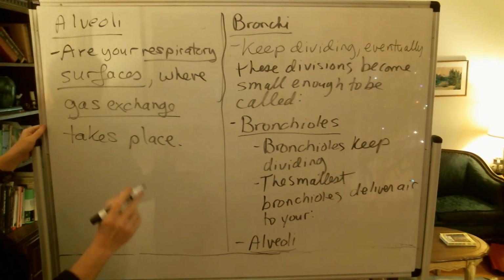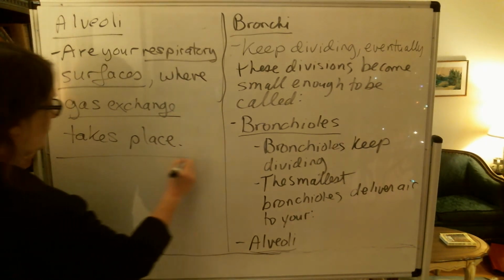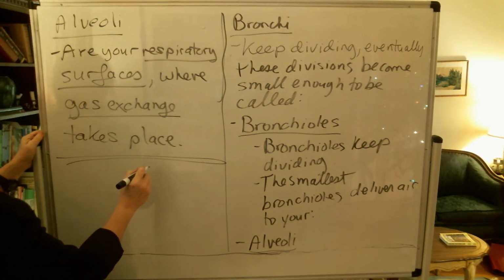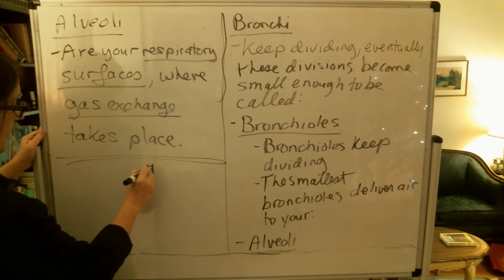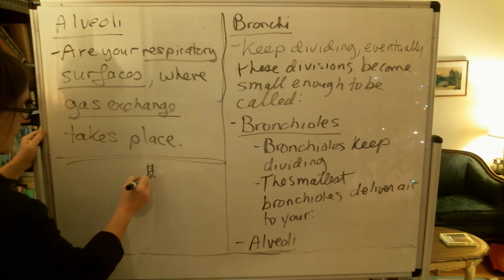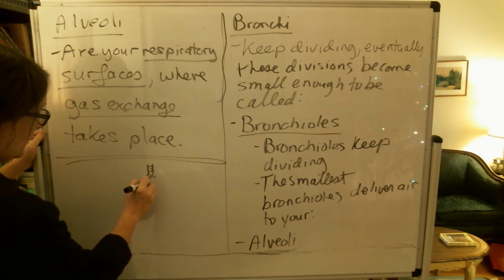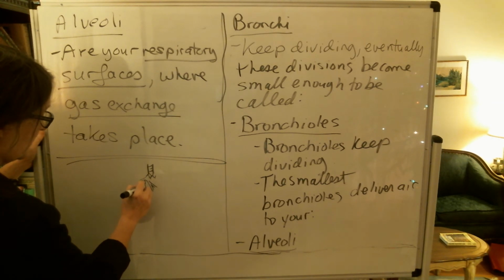So this is referred to as a bronchial tree because it kind of looks like an upside down tree. You know, you have the trachea, you have the two primary bronchi, then you're going to have lots of divisions off of the primary bronchi, like so, and then you're going to have further divisions off of those.